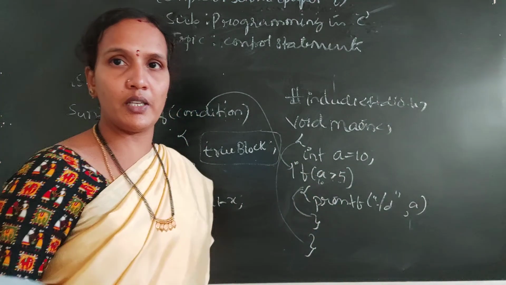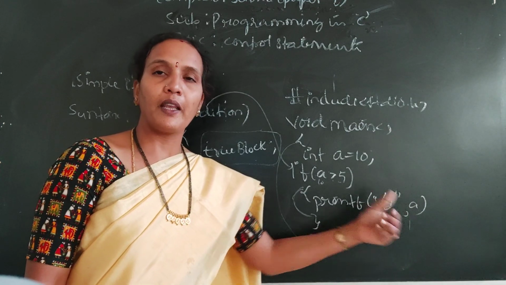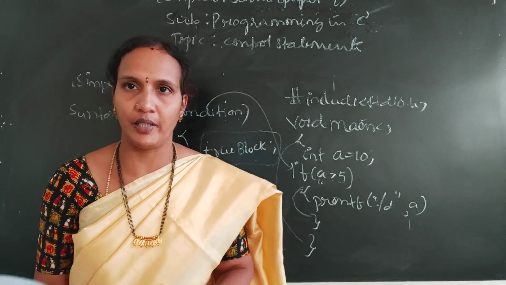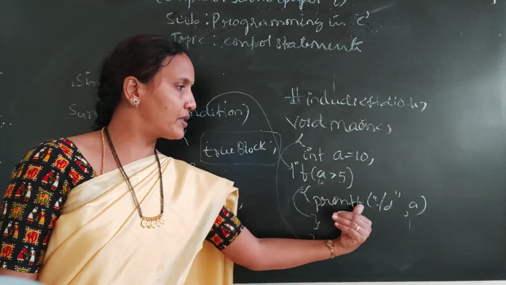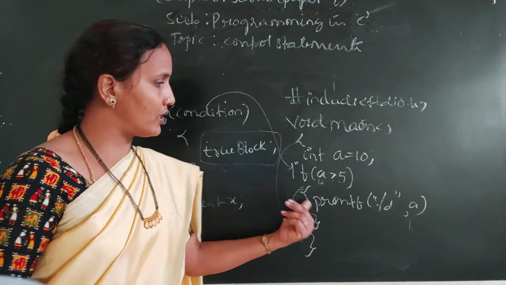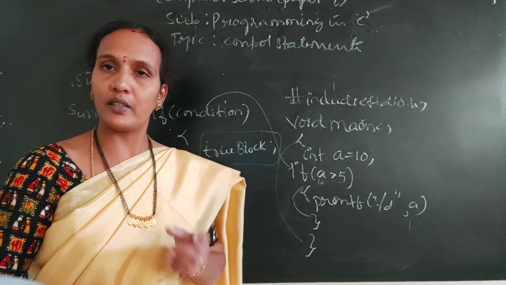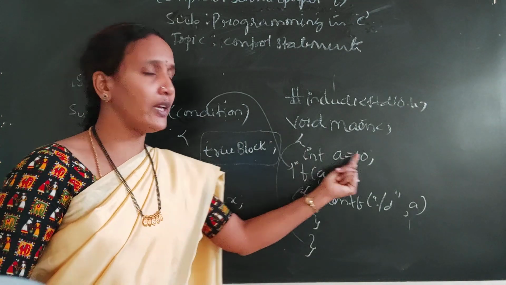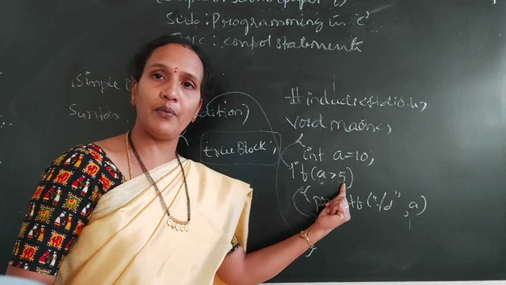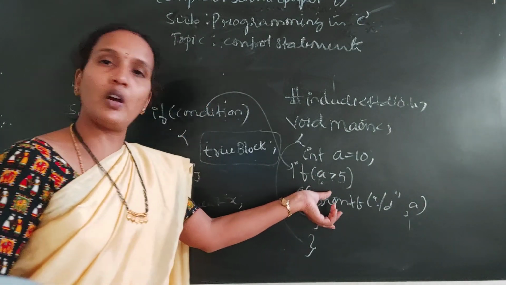If the given condition is true, then that a value will be printed. If the a value is less than 5, I don't want to print anything. I am just skipping the statement. If you want to write, you write after this block. If you don't want to write, you need not write, your wish. Here the condition is, first the a value is initialized, and whatever a value is there is compared with 5. If the given condition is true, this true block will be executed.